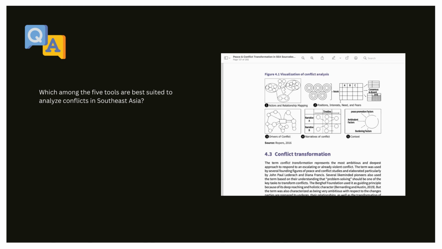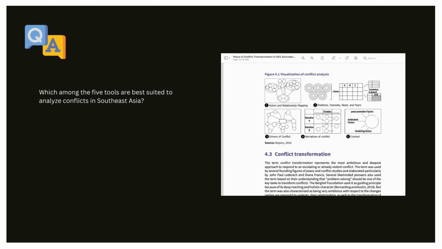And then we have other maps: the drivers of conflict, triggers, the accelerators. We can specifically map just these things. And then narratives of conflict, and the timeline has been mentioned. Look at what has happened throughout history, taking into account that there are different narratives depending on who you talk to and which parties are being focused on, and also your own narrative might be different from the other narratives.